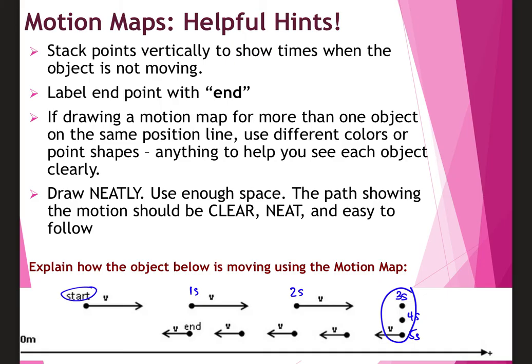Then we start moving back to the left, and then you have 6 seconds, 7 seconds, 8 seconds, and 9 seconds total. So these moments where the object is resting or sitting still, you just stack those on top of one another. That allows us to count how many seconds it stayed still.